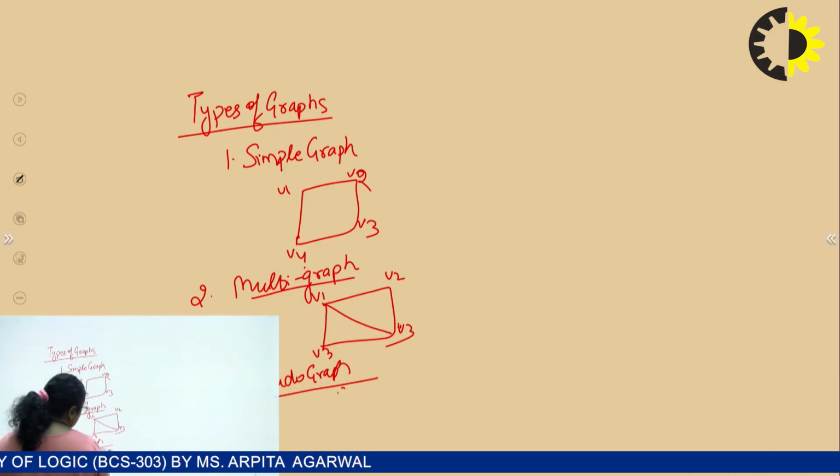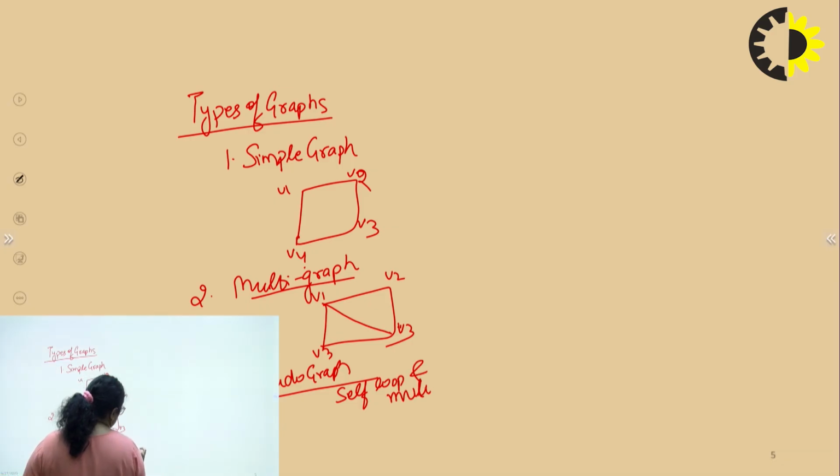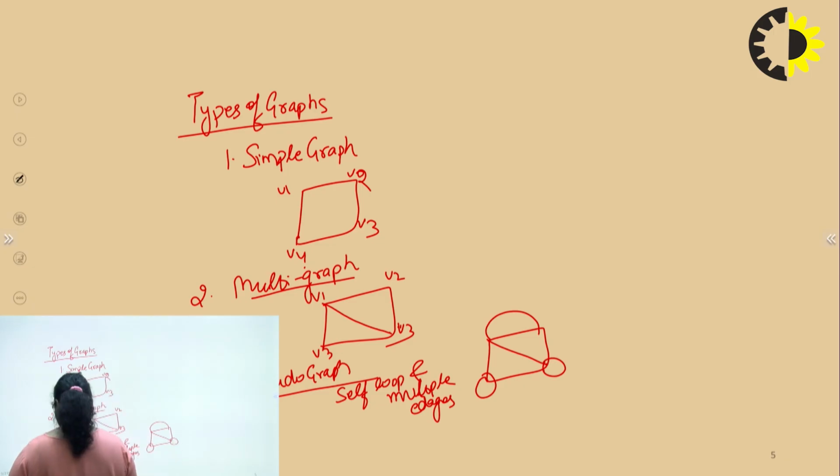A graph having self loops as well as multiple edges is a pseudograph. This is a pseudograph.